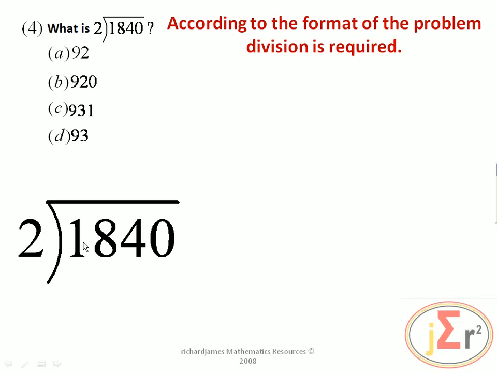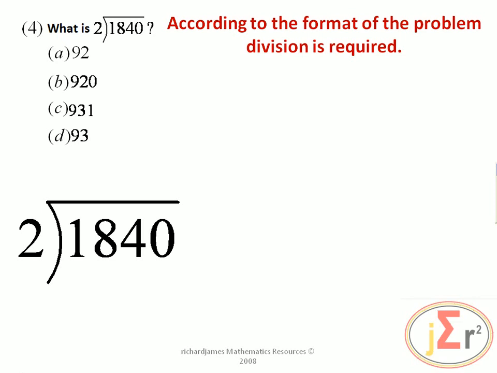2 into 1. Right, 2 into 1, we can't. We cannot do that a whole number of times. Therefore, do we put a 0 here? If we put a 0 there, it is not incorrect. Right. So we could put a 0 there, but leading zeros do not affect the value of the number.